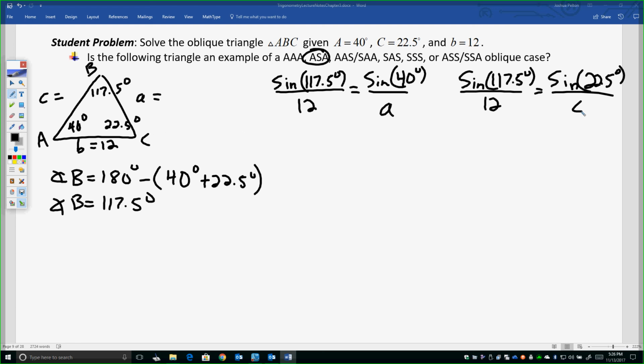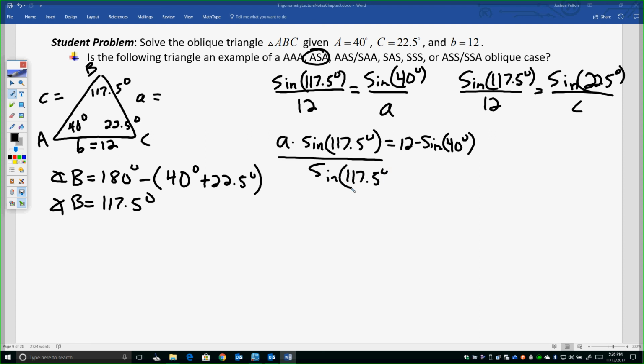Okay, so we'll do our cross multiplying. When we cross multiply, we get A times sine 117.5 equals 12 times sine of 40. And divide by the sine. So A is approximately 8.7.